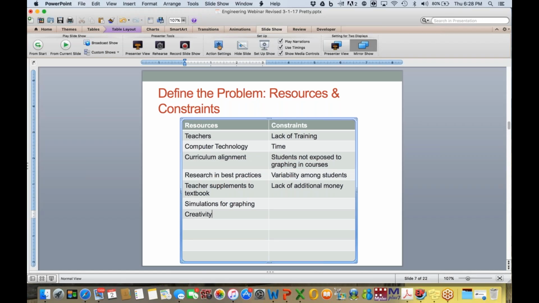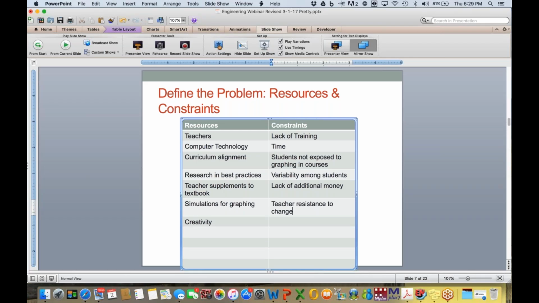And in terms of constraints, since it's a district-wide mission or mandate, I think that sometimes what I face is that teachers have either a reluctance or fear or unwillingness to reach out of what they've been doing in the past, and not put all of the blame on the students, but maybe try something new. Resistance to change. Yeah.